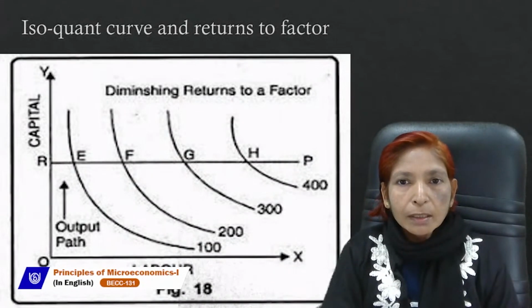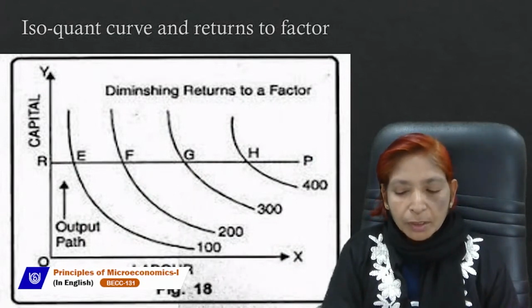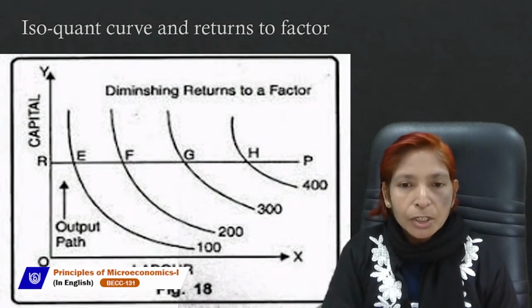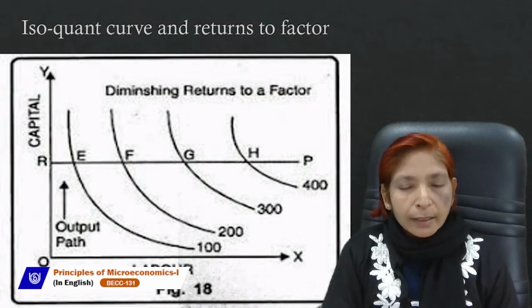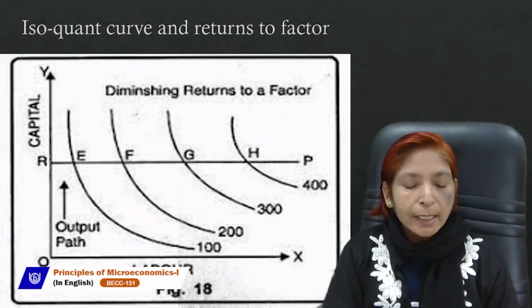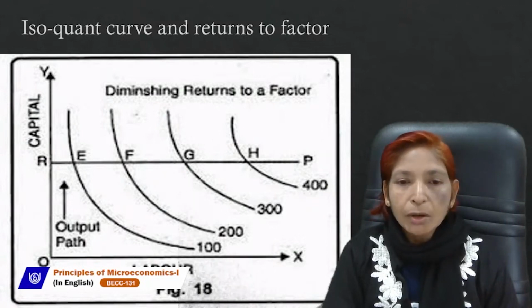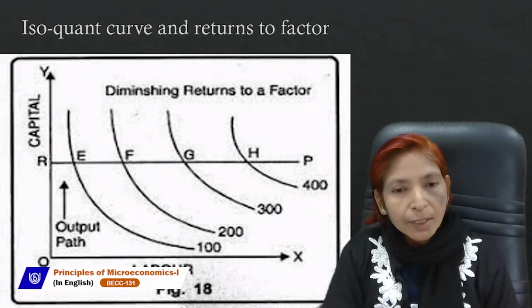Next is isoquant curve and returns to factor. As I have discussed with you in the beginning, returns to factor is also known as the law of variable proportion or law of diminishing returns, which is applicable in the short run. It's a short run law of production, and it shows that the units of labor you can change in a short period, but the units of capital will remain constant because in the short run we have less time.